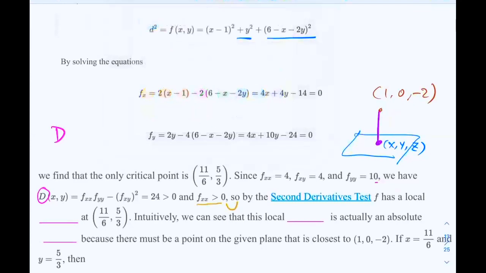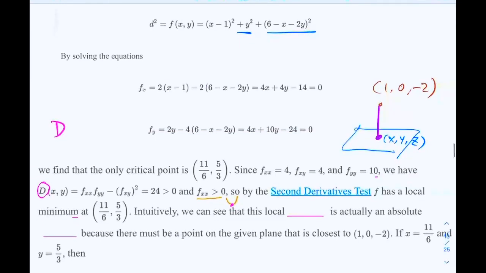So what happened at that critical point? We have a local what? Minimum. Yes, local minimum there. Intuitively, we can see that this local minimum is actually an absolute minimum. Why?